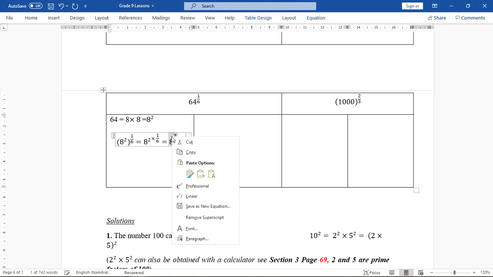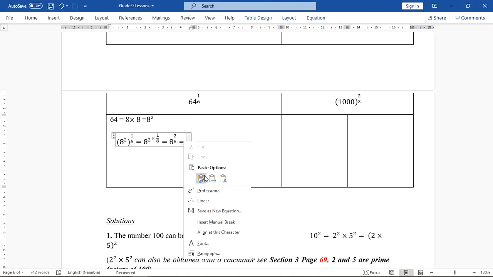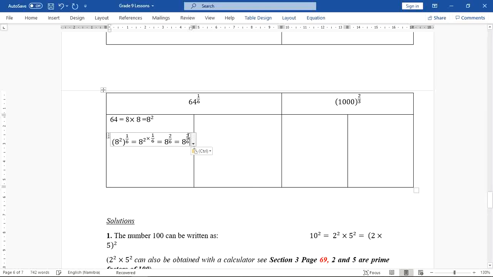It's a lot of steps, but I want everyone to see how I got this. If I simplify that, I'll get 1 over 3, because 2 goes into itself one time, and 2 goes into 6 three times.